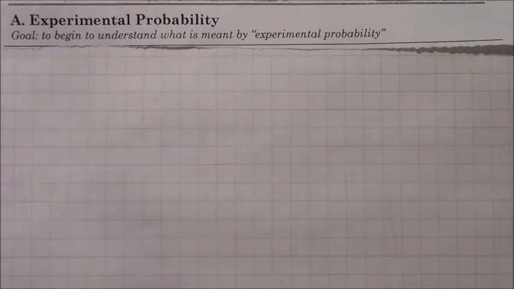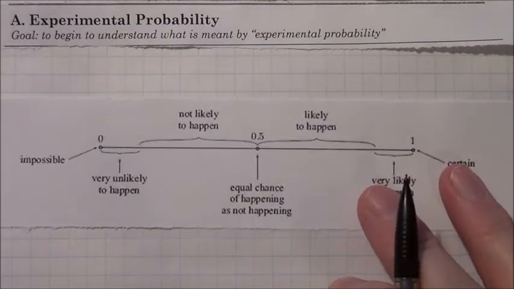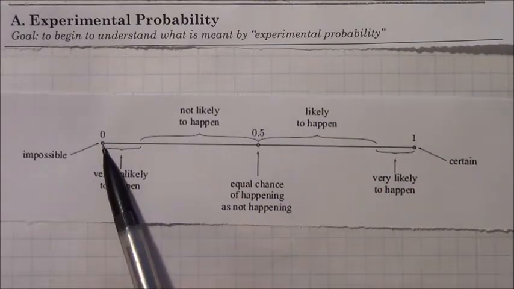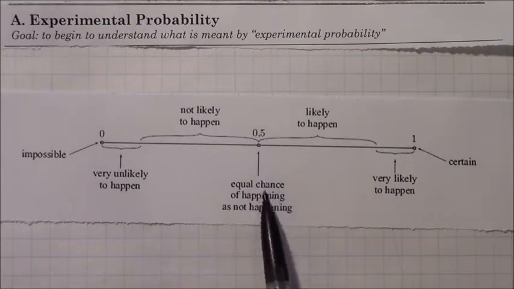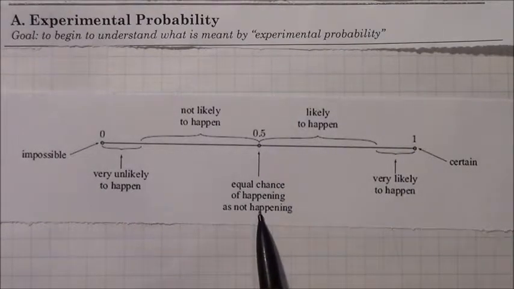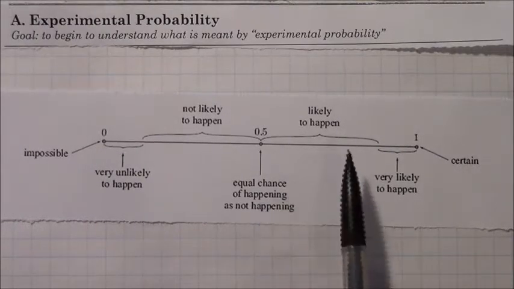When we discuss probability, we talk about it as either a percent or as a decimal. 0 represents that the event has no chance of occurring at all, so it's impossible that it's going to occur. And 1 or 100% is the fact that the event will definitely occur. 0.5 is when the event has equal chance of happening or not occurring.